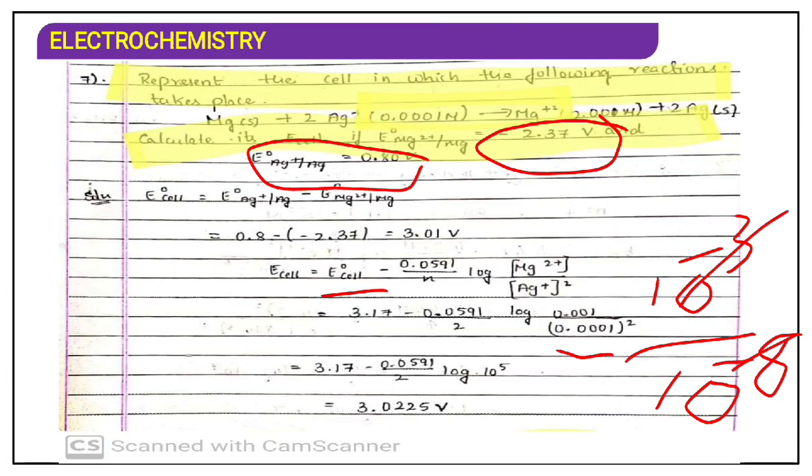Then cancel: 10 to the power of minus 5 is remaining. 10 to the power of minus 5 goes to the upper side, so we have 10 to the power of plus 5.